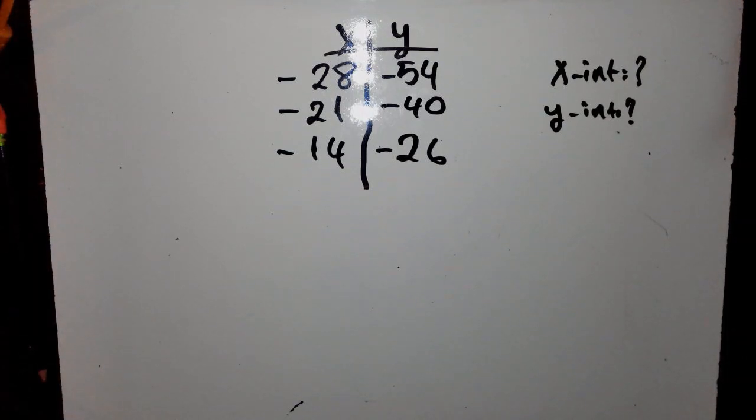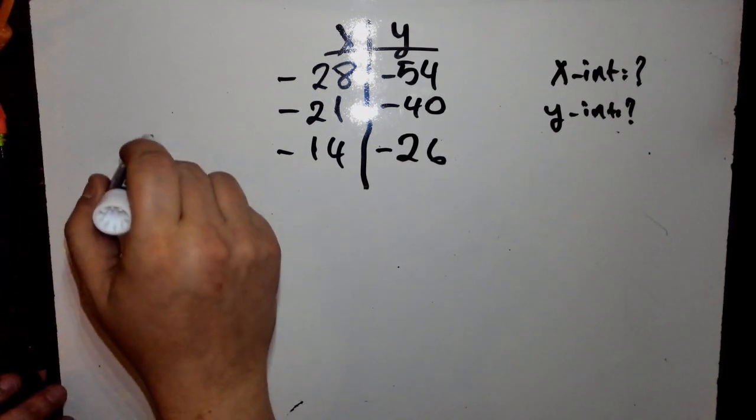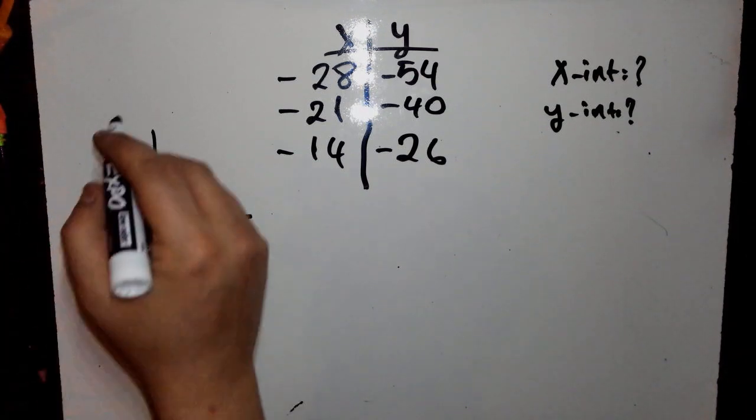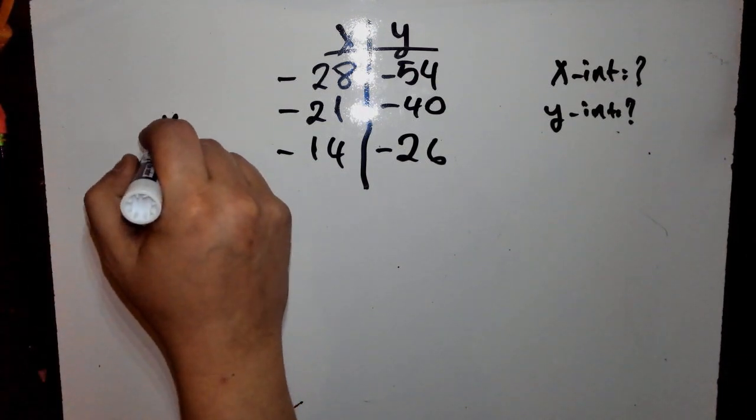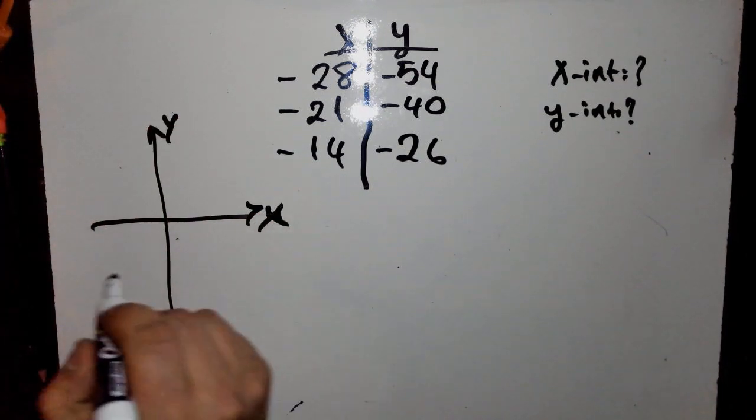A y-intercept is a point on the line that is on the y-axis. So basically, the y-intercept means where my line cuts through, intersects the y-axis. And at that point, the x value is going to be 0. So let's see how that happens quickly. Let's say this is my y, and this is my x.